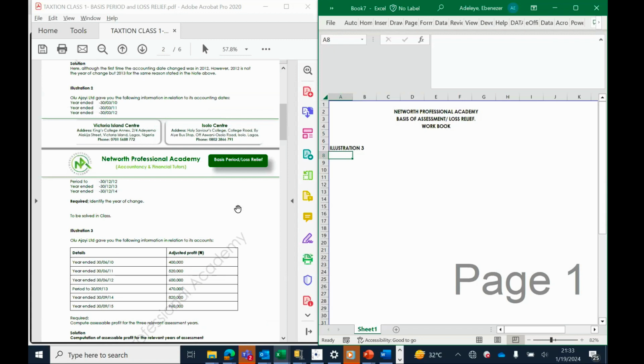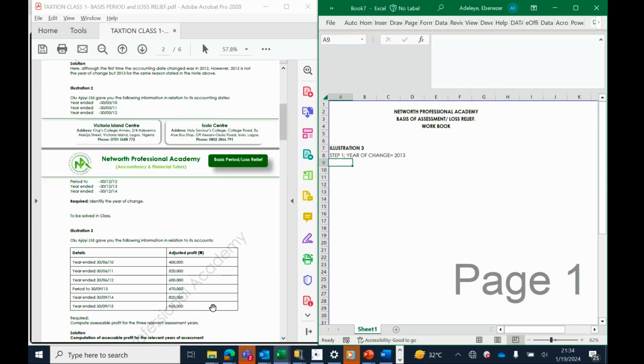Okay, you said 30th September 2013, right? Yes. That's correct. So we already answered step 1, year of change. So year of change is 2013. That is our tax year of change.